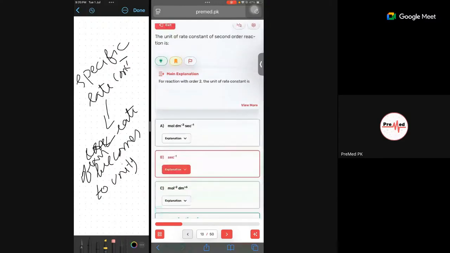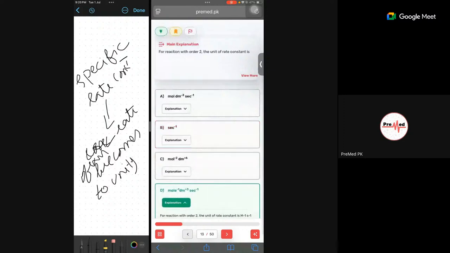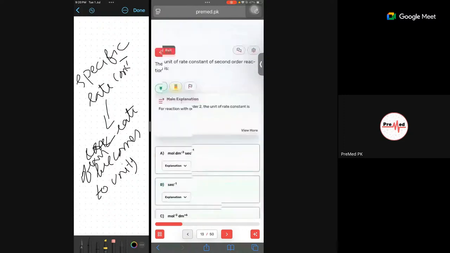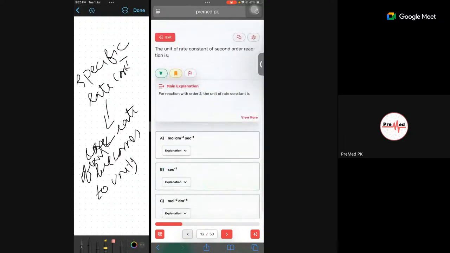Moving on to the next one, it is a tricky MCQ, and let's see how we will do it. I think most of you would have gotten it correct. We have: the unit of rate constant of a second order reaction is what?